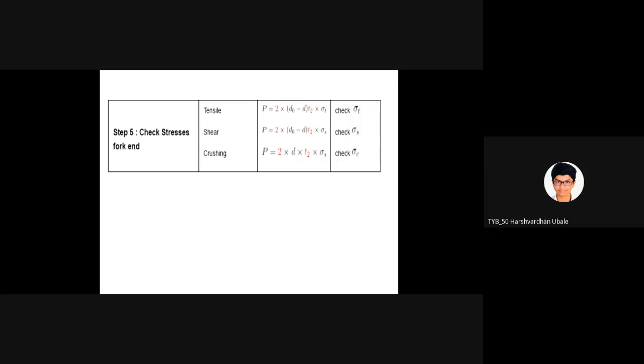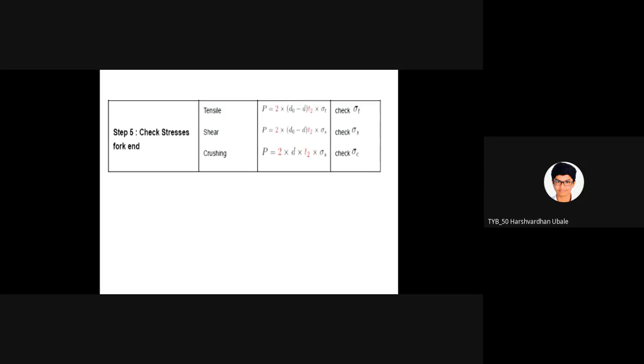So the value which you are getting right now is less than the allowable. So all the dimensions are safe for shear also.